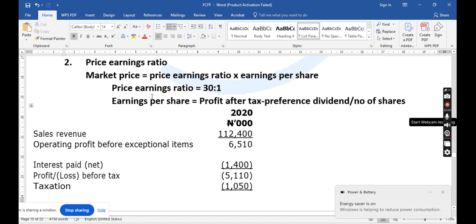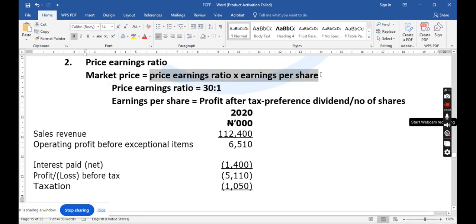Don't forget, this is what we want in order to determine the market price, right? So we calculate the earnings per share, and the PE ratio is given as 30:1. 30:1 is 30 divided by 1. That is what it means.